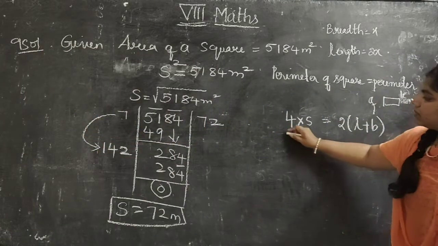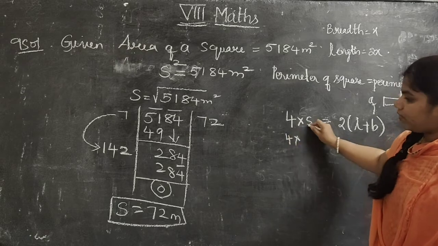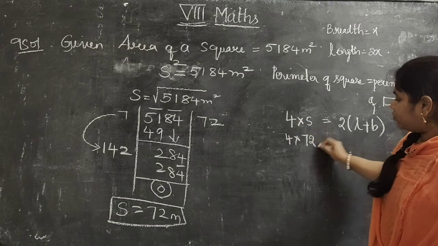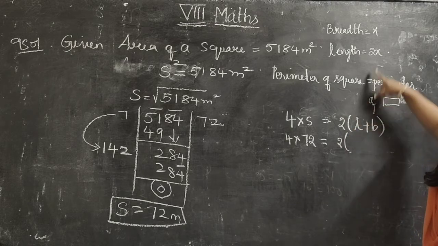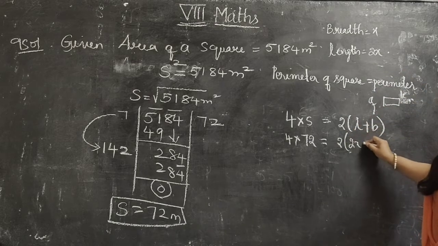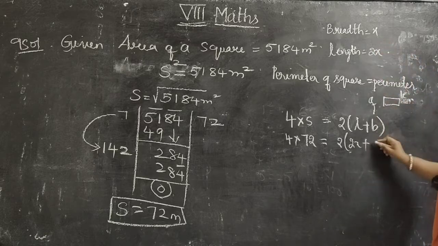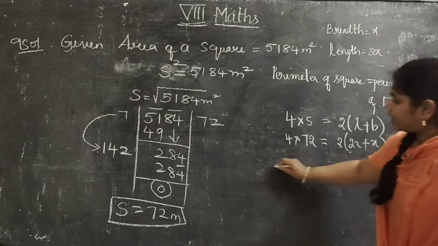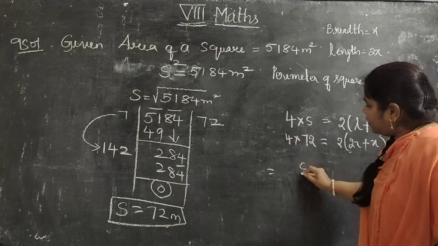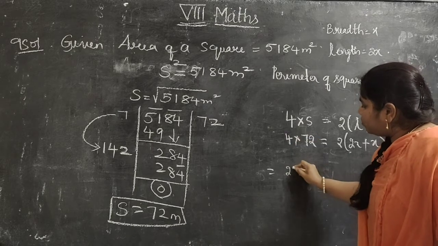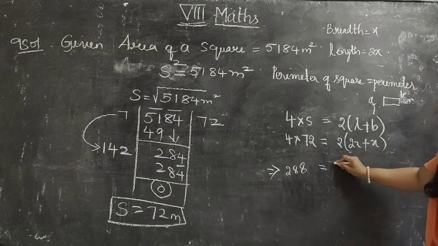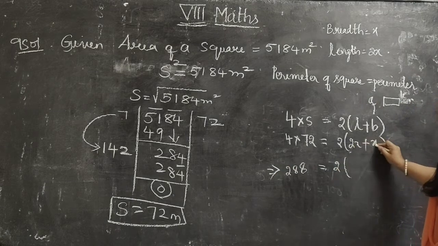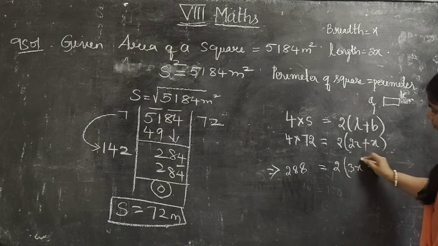Now substitute here: 4 into side value, that is 72, is equal to 2, a constant, into the length 2x plus x, which will be 3x.